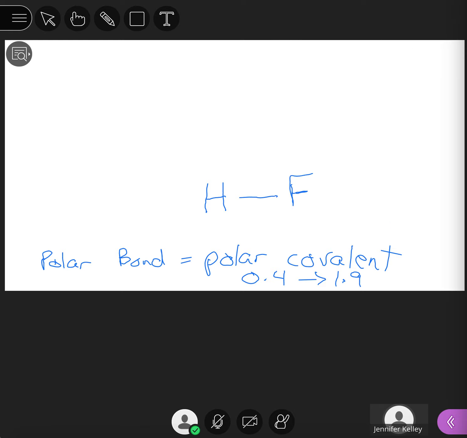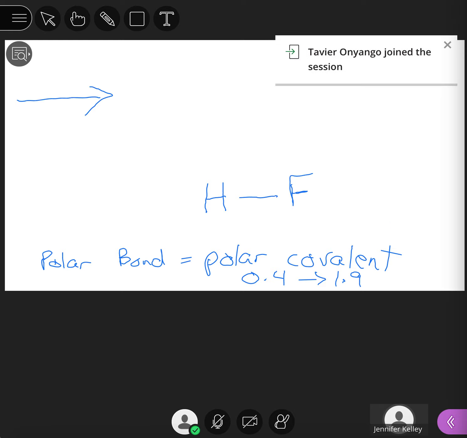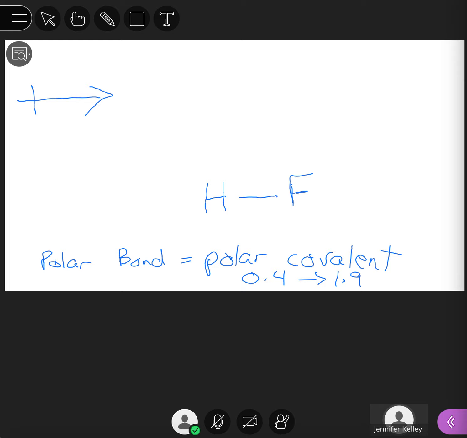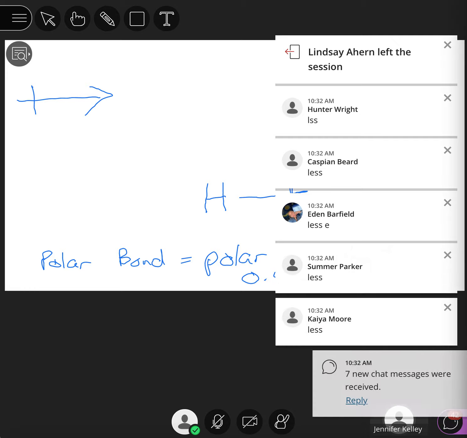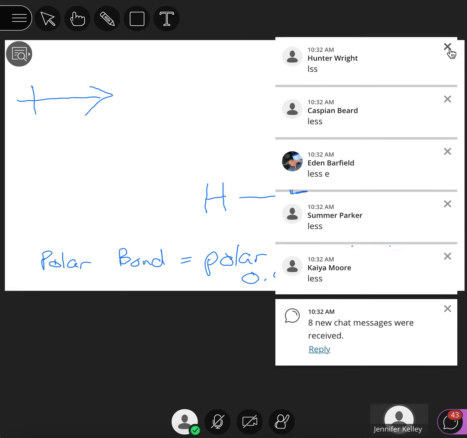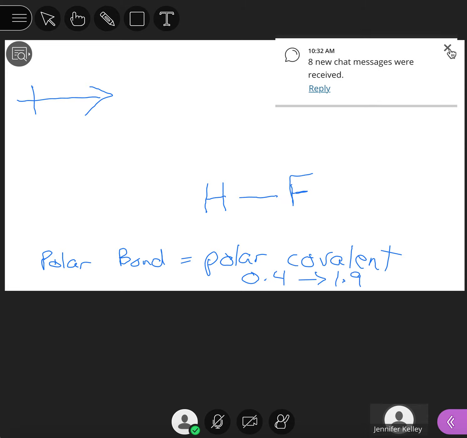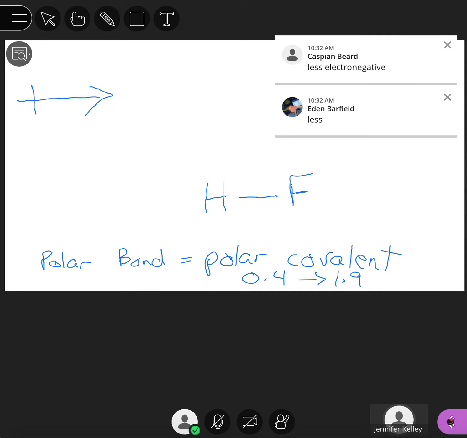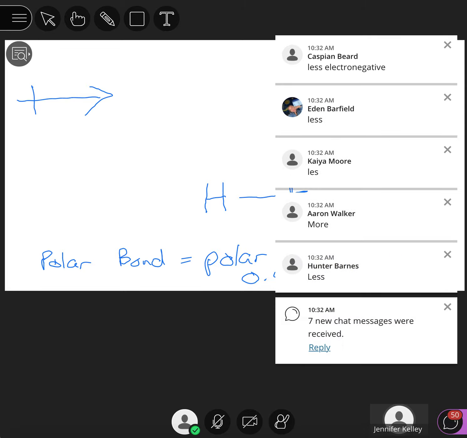And then we have these arrows to draw. So what end do you think the plus part of the arrow goes on? The part with more electrons or the part with less electrons? Less, correct. And which one has less electrons? The one that's less electronegative or the one that's more electronegative? Less.